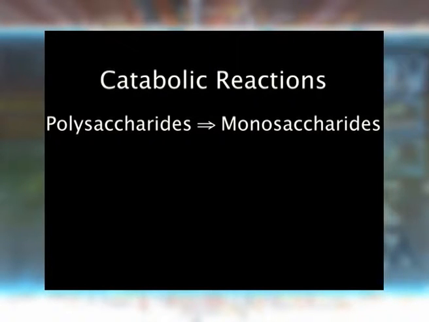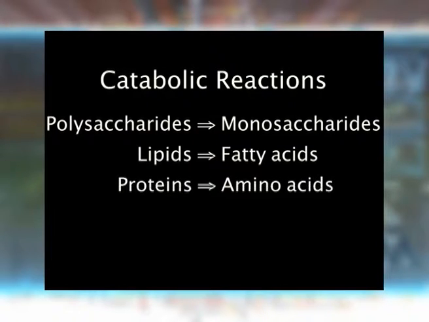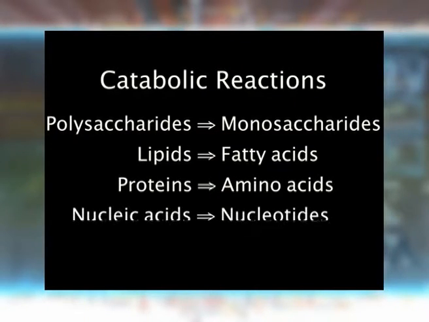The catabolic reactions are reactions where large molecules break down to form smaller, simpler units. For example, polysaccharides break down into monosaccharides, lipids break down into fatty acids, proteins break down into amino acids, and nucleic acids break down into nucleotides, all are considered as catabolic reactions, and these catabolic reactions in the biological system are normally exergonic in nature, that is, they give out energy.